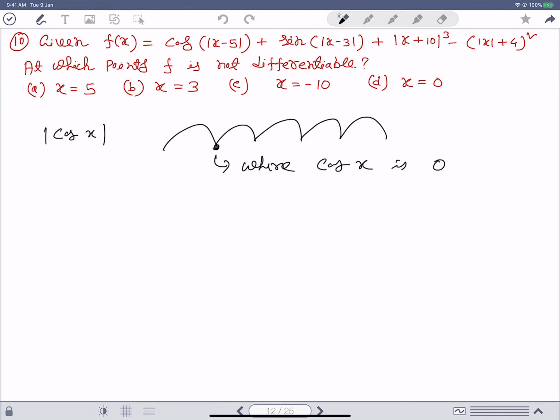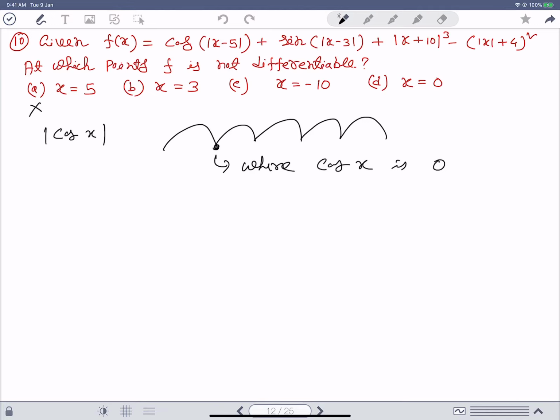Now, if you take x equal to 5, then the value of cos will be just 1, right. Then the left hand derivative and right hand derivative will both be the same, because the mod will not affect it here because of cos, right.